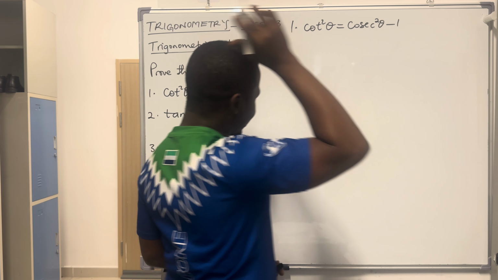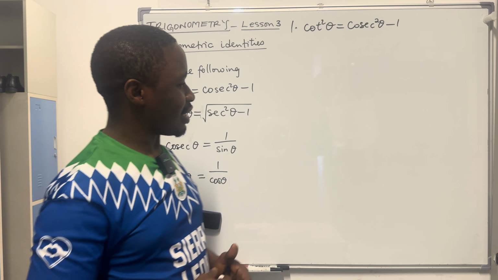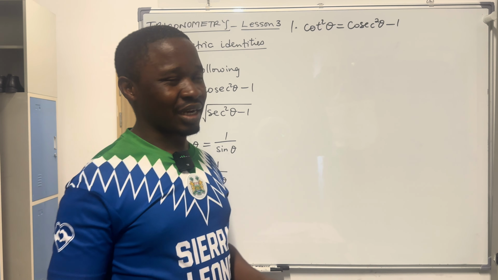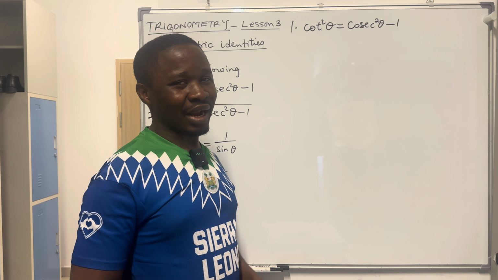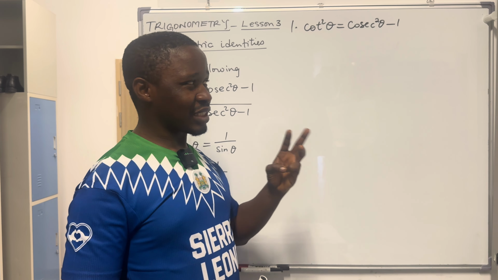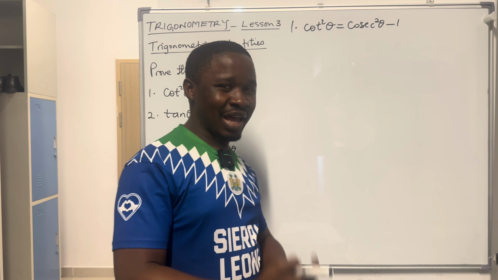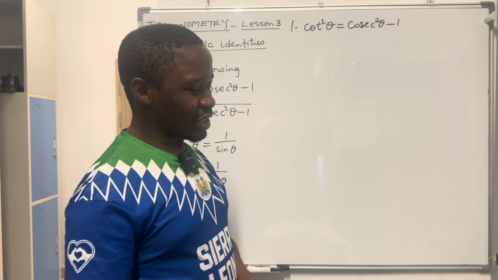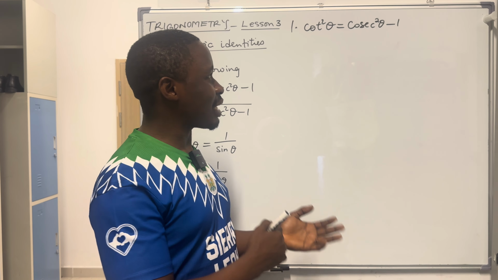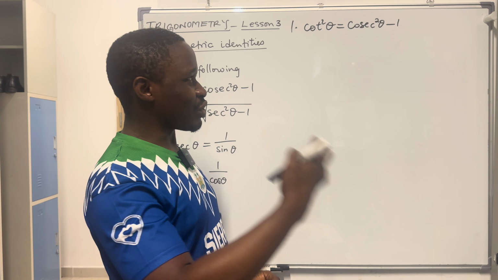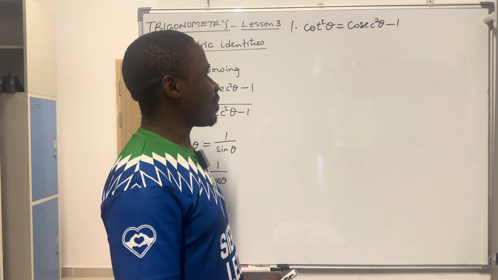So now, I keep saying there are three ways basically we can prove an identity. The first, consider the left-hand side, simplify, manipulate using every mathematically accepted principle in order to get what is on the right-hand side.